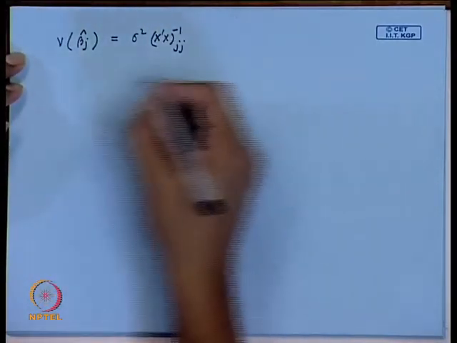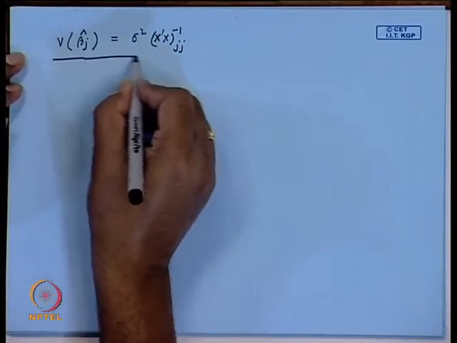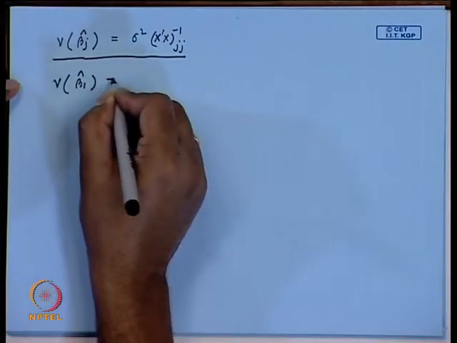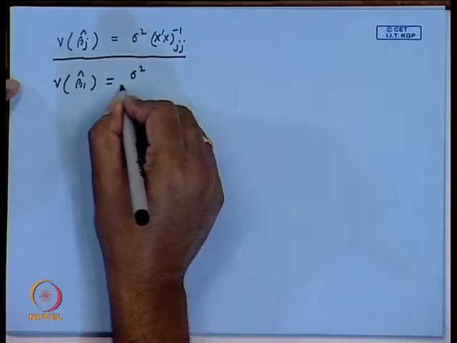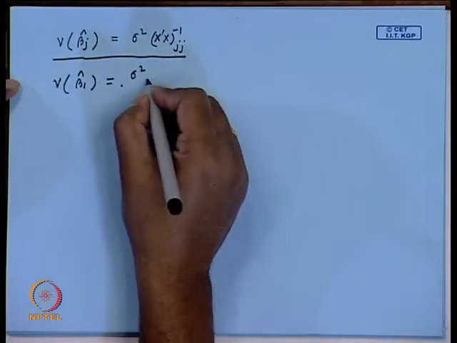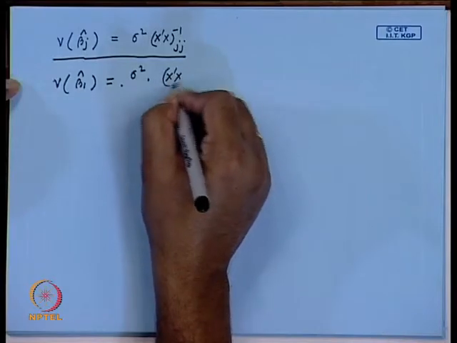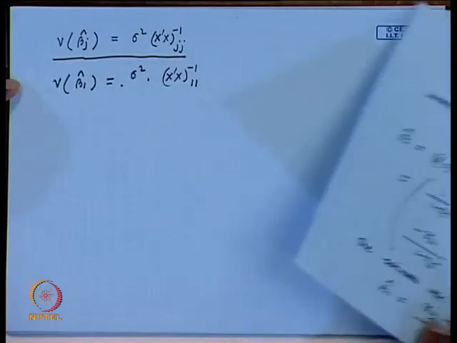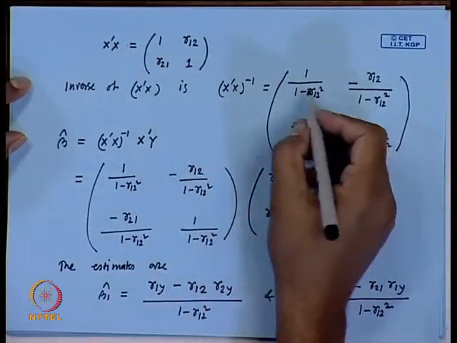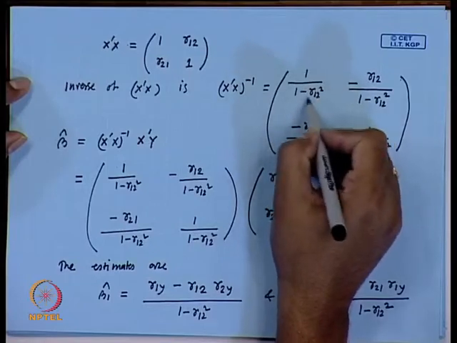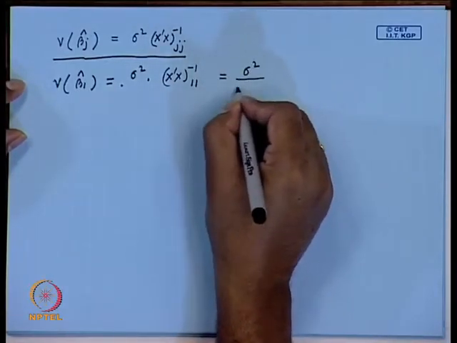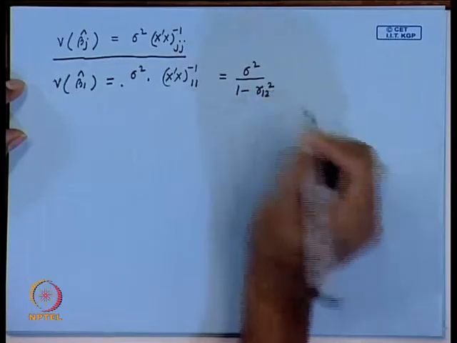So, variance of beta 1 hat is equal to sigma squared into the (1,1)th element of (X prime X) inverse. The (1,1)th element is 1 by 1 minus r12 squared. So, this one is equal to sigma squared by 1 minus r12 squared.